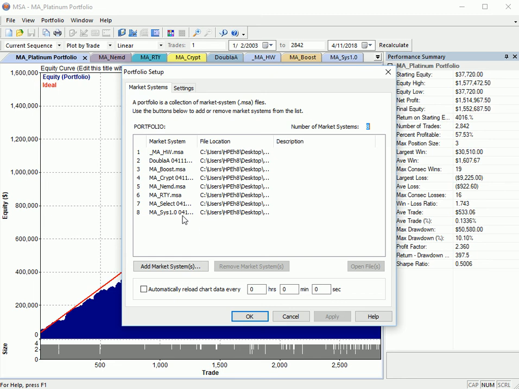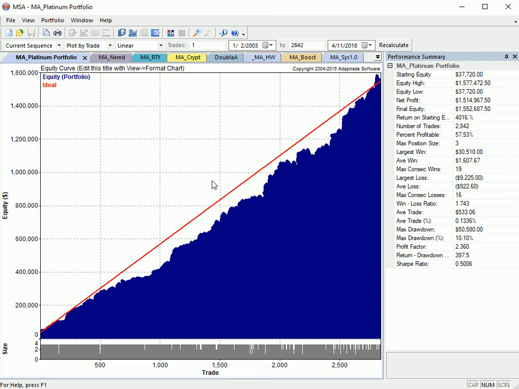Anything would be walk forward, certainly. If you don't make money, we don't make money. And the System 1.0 and the Select. If you do that, you get this. The be-all, end-all. $1.5 million of profit over 10 years, essentially.